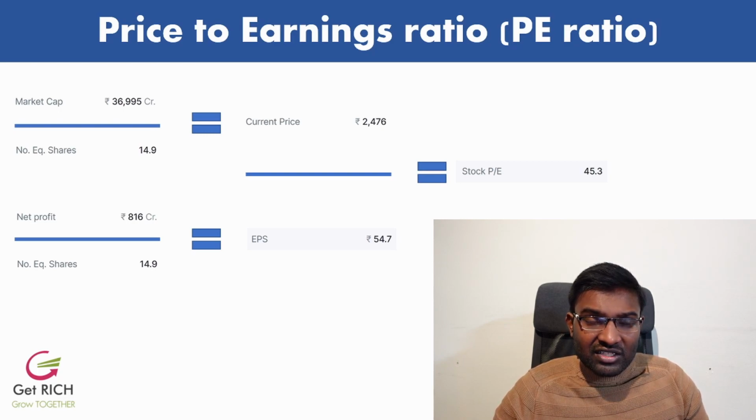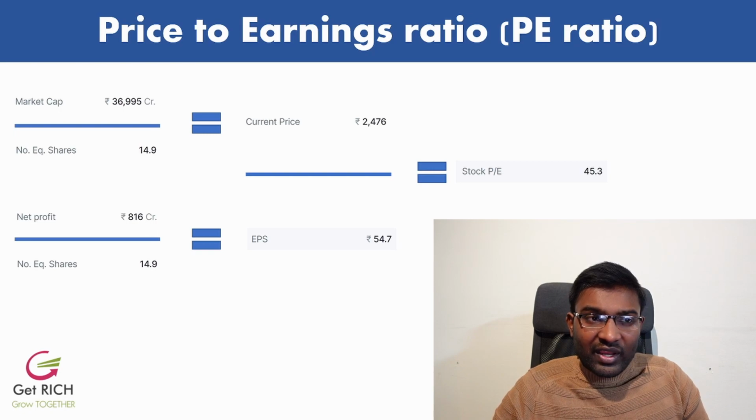The calculation might be a little different because I used different values, or values from a previous quarter, but this is how we calculate. Don't check the exact numbers, but look at the calculation. So if you divide market capitalization by the number of equity shares, we get the current price, which is 2476.